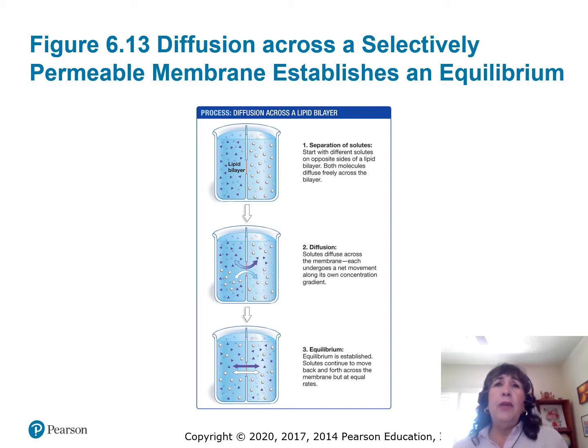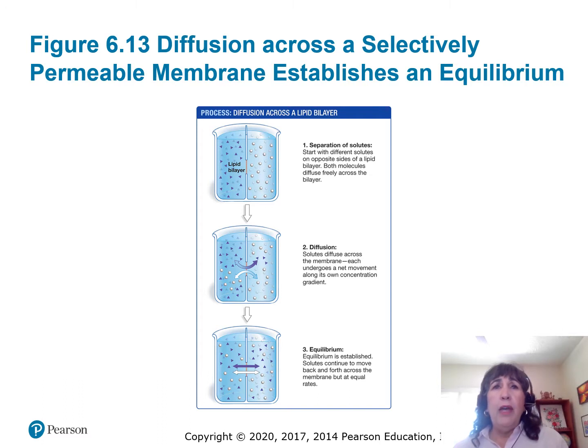In this example here, you see a lot of particles in solution in these beakers, and these beakers all have septums, an artificial membrane. Let's look at the very top one. If you look at the top beaker, there are white circles on the right hand side, and on the left hand side you have these purple triangles. What's going to happen over time?